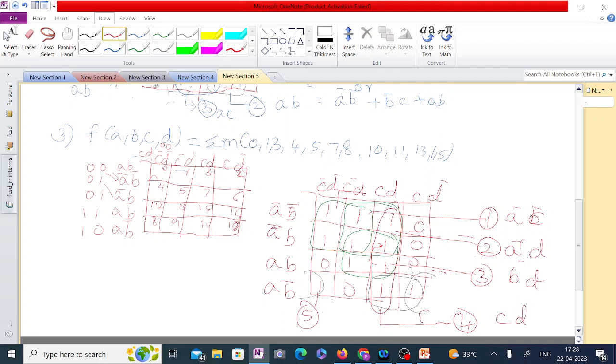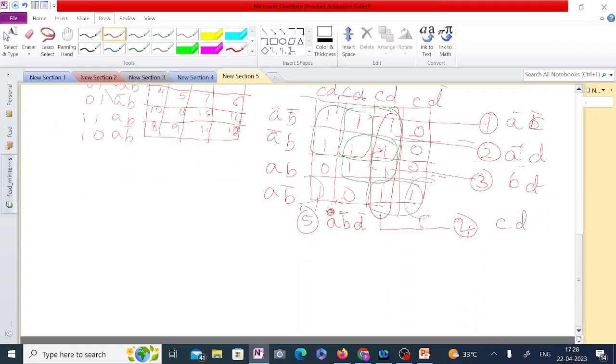And fifth one is a pair. The row is constant, so it would be A, B bar. This column and this column I should consider, so the constant one is D bar. A, B bar, D bar.